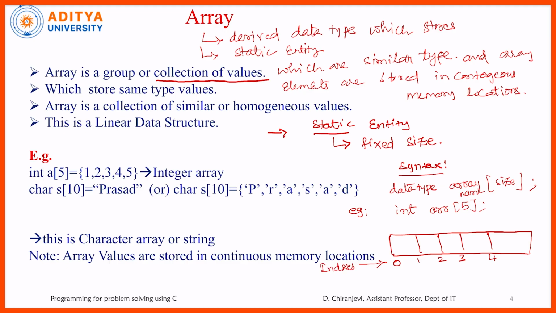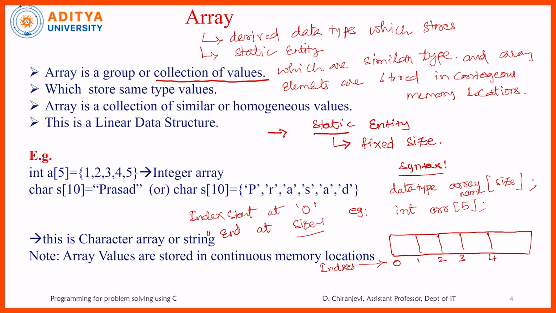Array index starts from 0 and goes up to size minus 1. Here I have taken size 5, so the last index is size minus 1. So the index starts at 0 and ends at size minus 1.